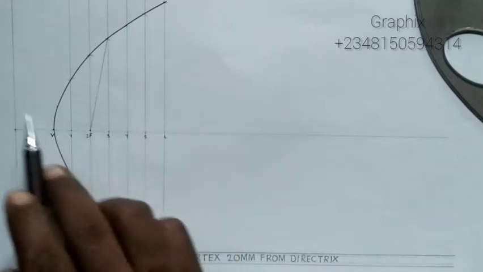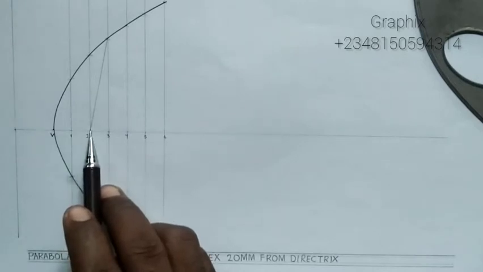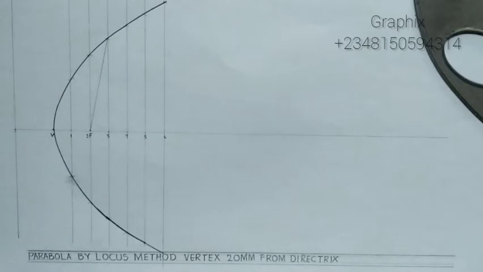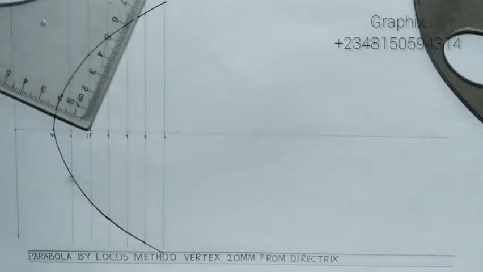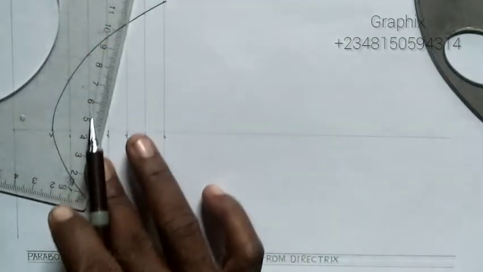So I'll now draw a perpendicular from this point on this focus to touch the directrix, but that line must be 90 degrees. So I'll draw a 90 degree line from this focus to touch the directrix. You can use a protractor, or you can use your set square. If I'm using my set square, that means I have to make this edge of my set square, right?